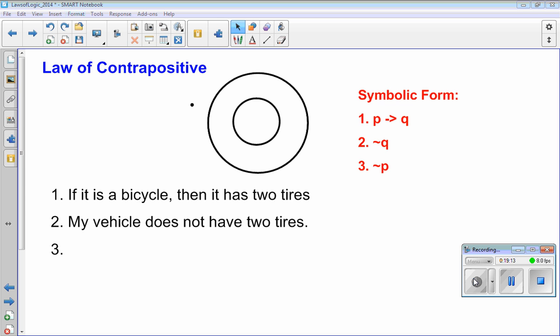We already know what the word contrapositive means, don't we? Jason, that's beginning class, right? So we know what it is. We know that the contrapositive of a conditional statement is when you flip them and negate them, right? That is what the contrapositive statement would be. The law of contrapositive uses that same idea. The first statement is going to be what kind of statement?